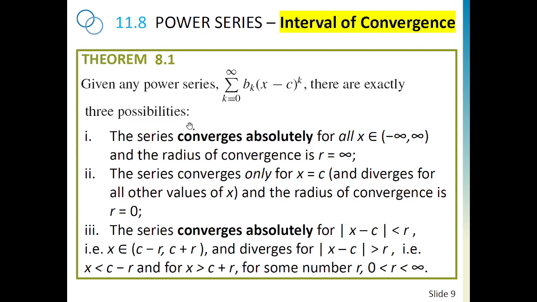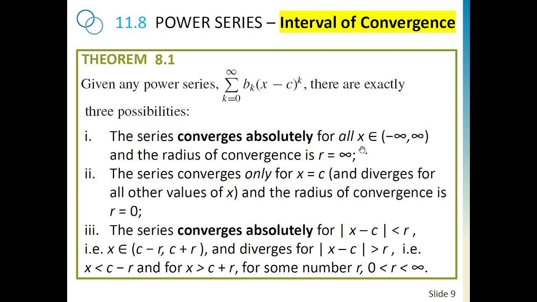So how does it work? Well, if I have a power series, there will be three possibilities when we apply the ratio test. Either our series will converge absolutely, because we are using the absolute ratio test, so if it's convergent, it's going to be convergent absolutely.